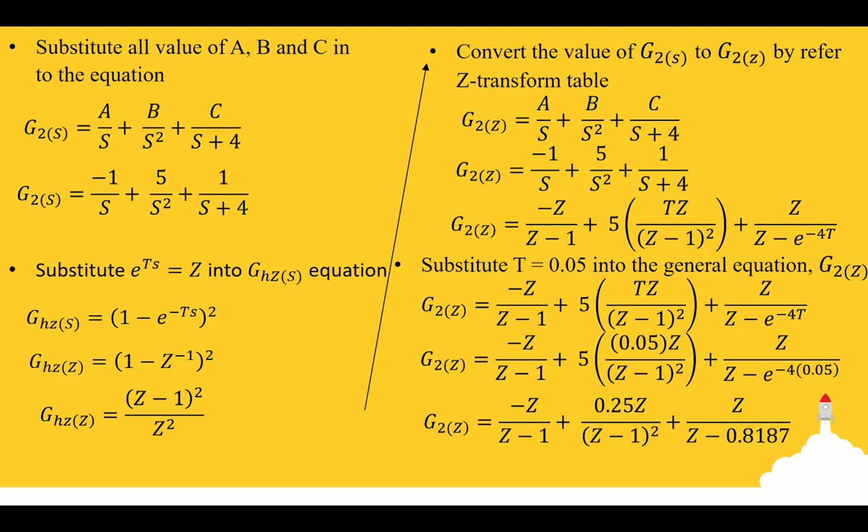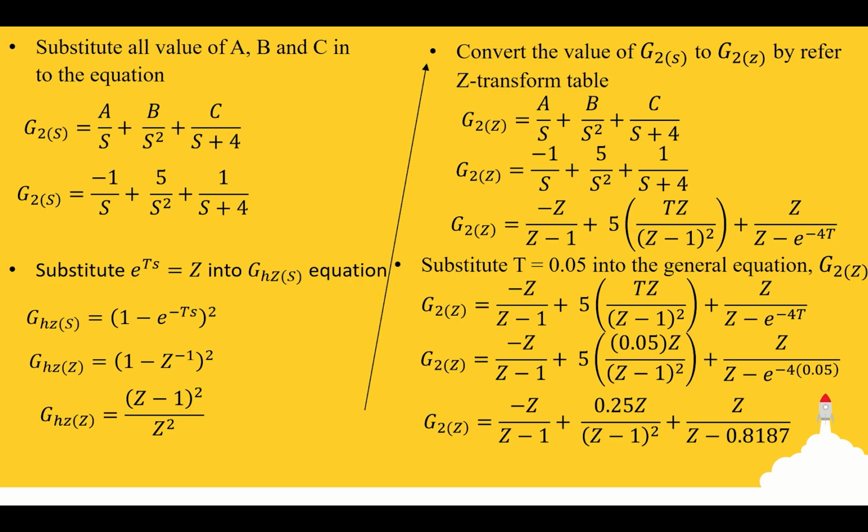And for 1 over s plus 4, based on the z transform table, is equivalent to z over z minus e to the power of negative 4t. So for equation G2, we will get negative z over z minus 1 plus 5 bracket tz over z minus 1 square plus z over z minus e to the power of negative 4t.